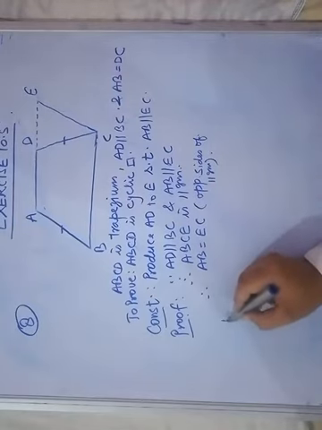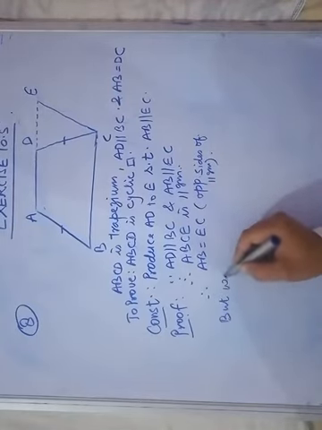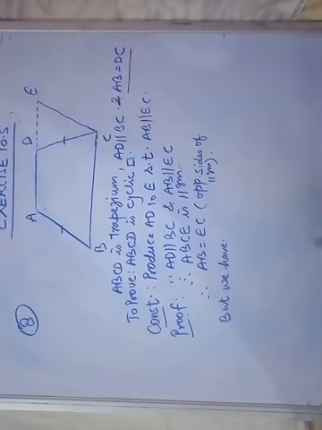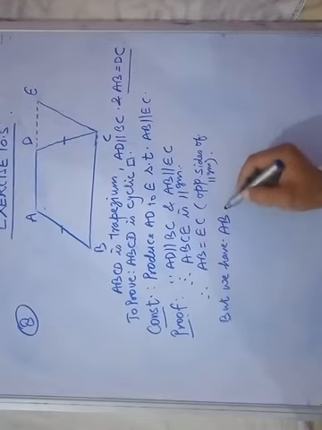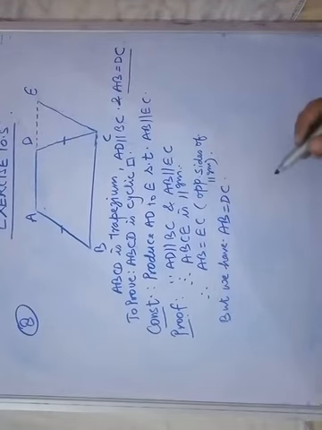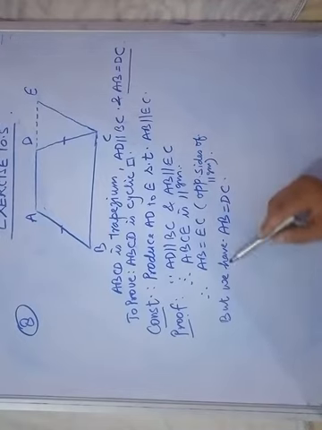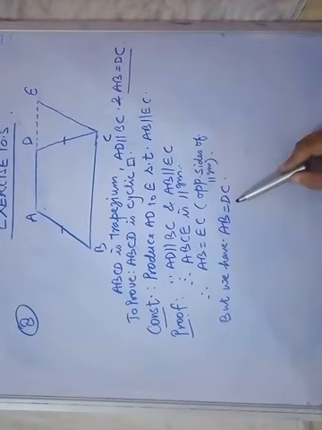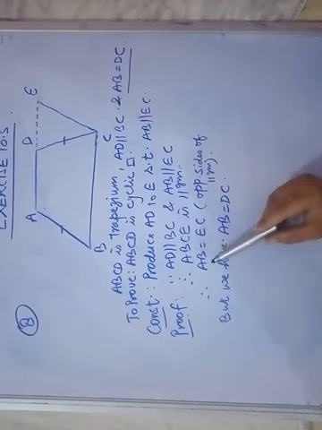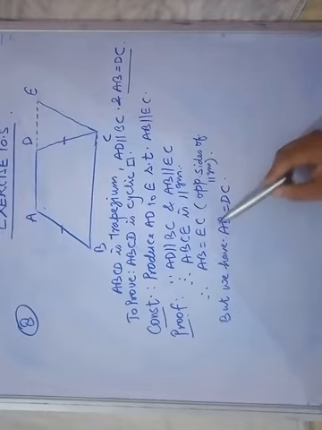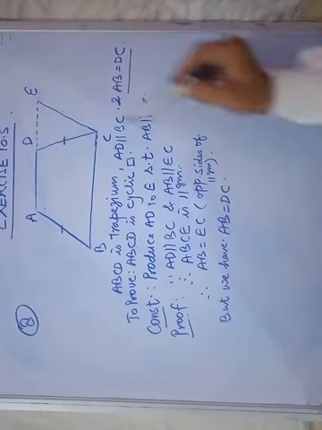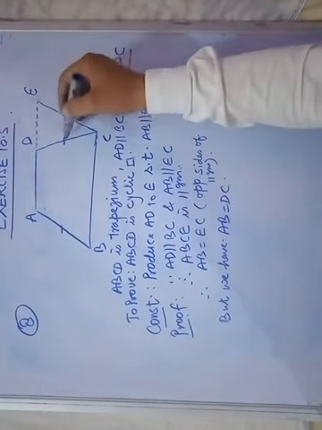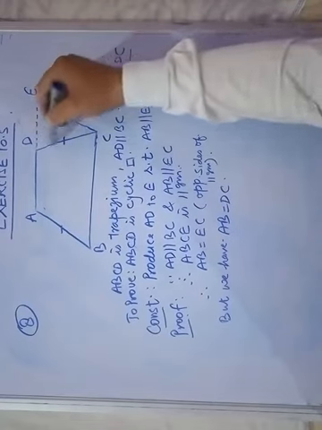But we have AB equal to DC. Now here AB equal to EC and AB equal to DC. Since AB is common in both these equations, it means EC equal to DC.